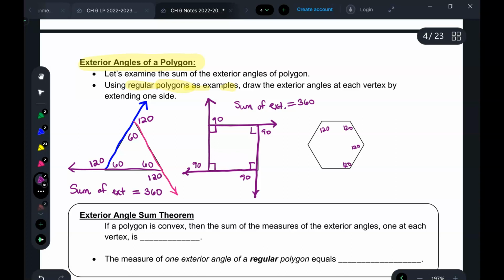So the outside ones will be 60, 60, and so on. And how many of them do I have? 6 of them.